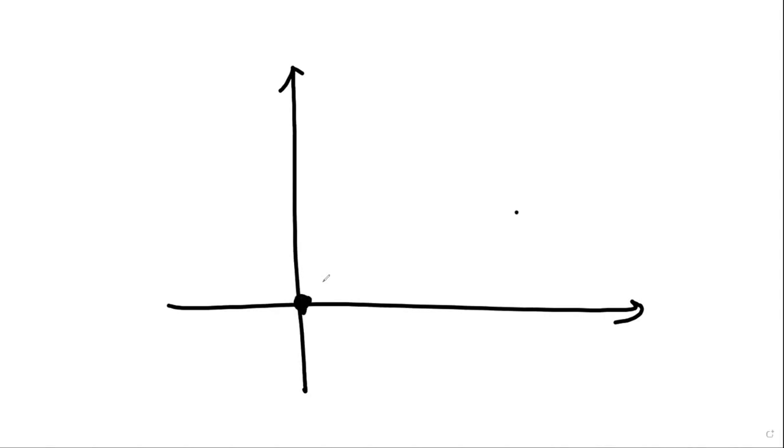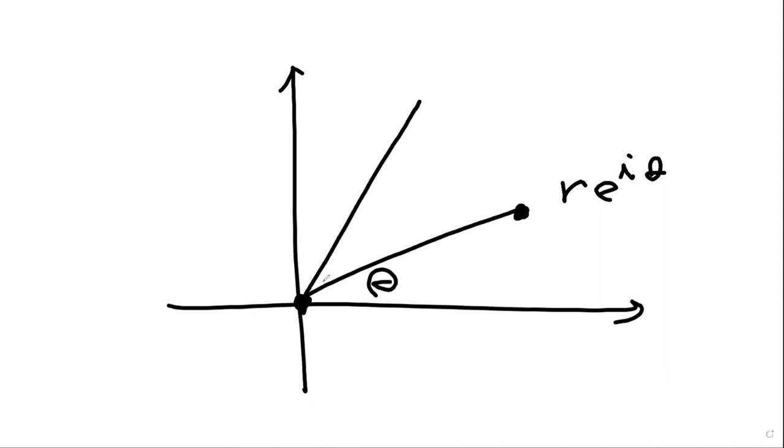Let's assume our original point is right here. This one is r e to the i theta, so basically this angle is theta. We rotate by an angle called phi. What is this new location?